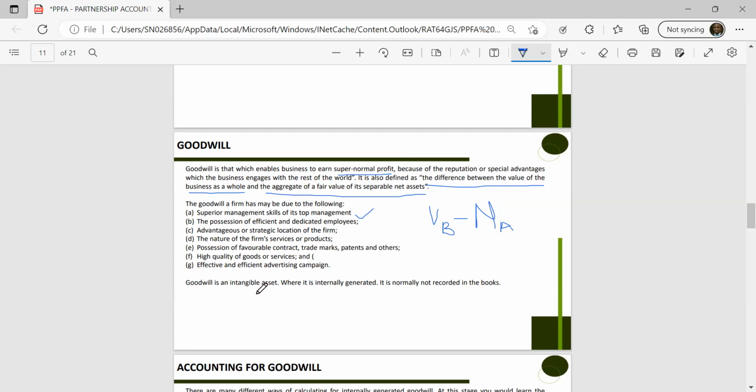Like I said, goodwill is an intangible asset. Where it is internally generated, it is not recorded in the books. So you cannot say, I want to add goodwill to my books, Ayo and Daily Enterprises. I have looked at my firm.